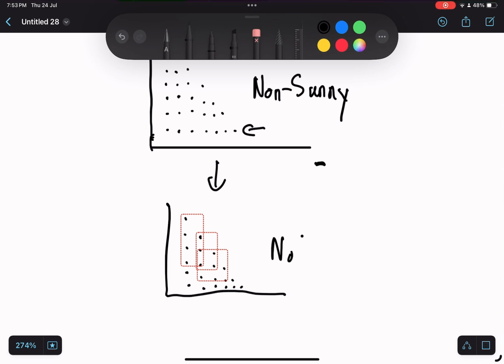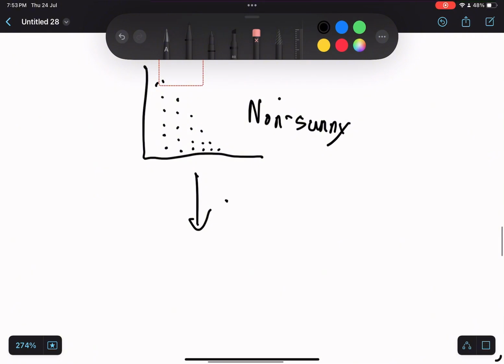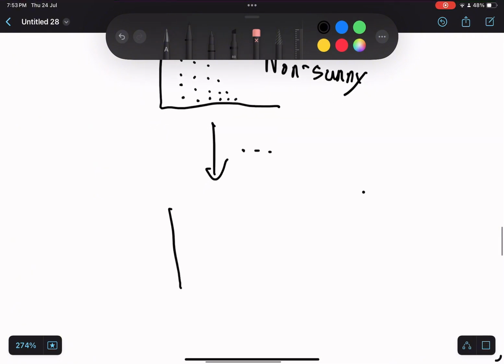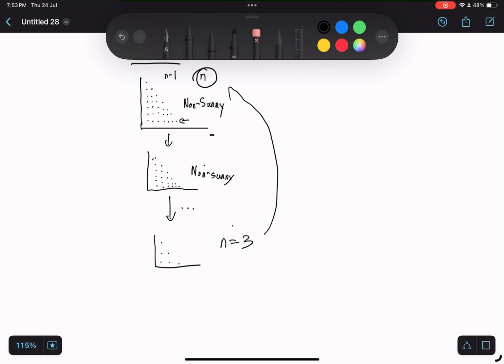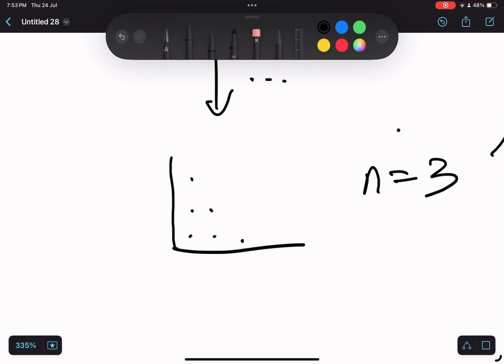Since there will be one non-sunny line, this line, that line, and we do this on and on until we get to our base case n equals 3, which we have already talked about to some extent. This method is called induction, where we use a lower base case to prove a higher case because they share similar intrinsic properties. Okay, now let's finally get on to the proof.